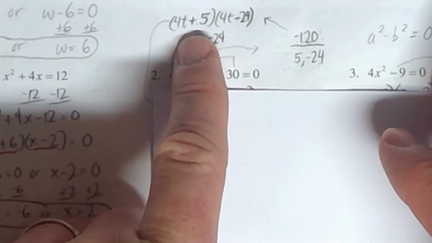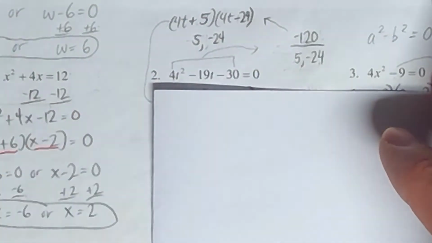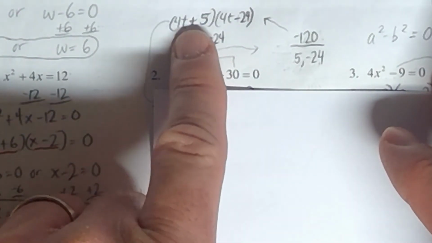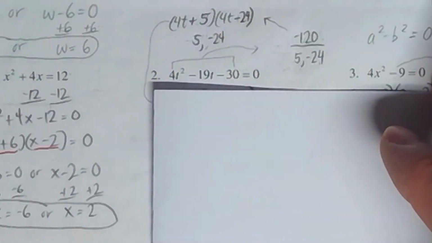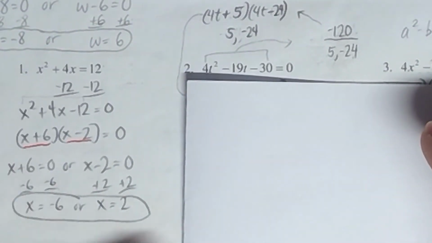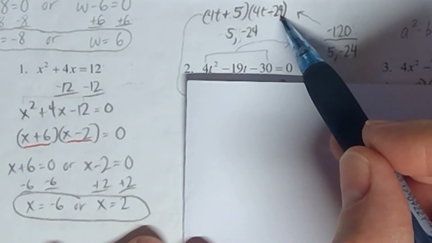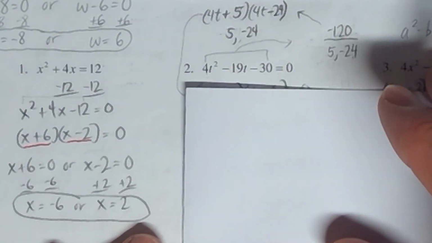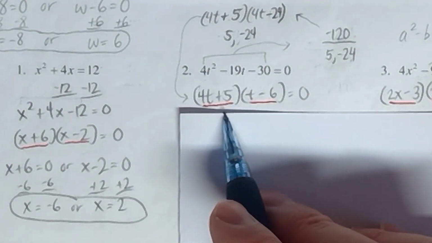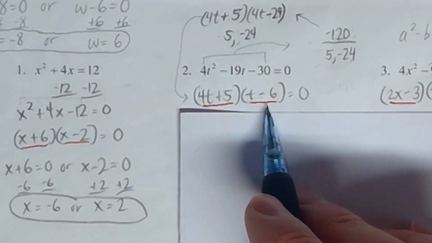But I have to factor the GCF out of each bracket to complete the Berry method. This one already has a GCF of 1, so it doesn't change anything there. But then this one you have to factor out the 4, and you get t minus 6 on that one. And so here's the factoring there.